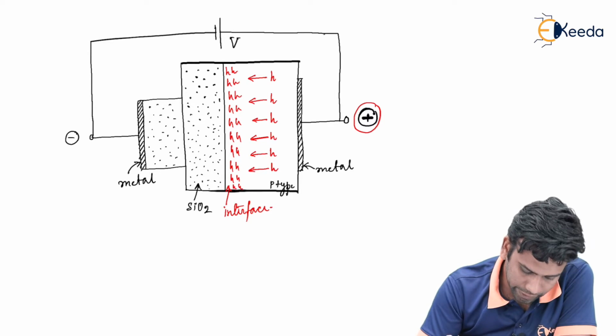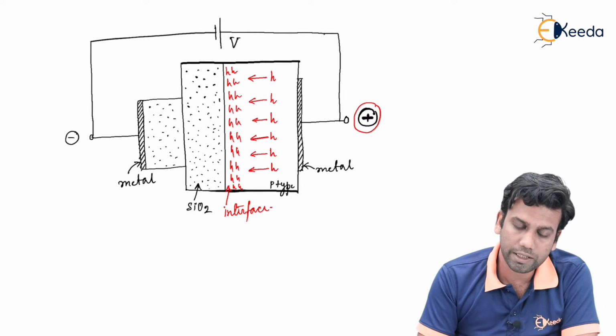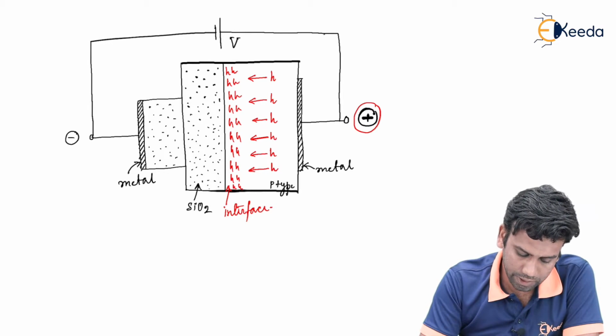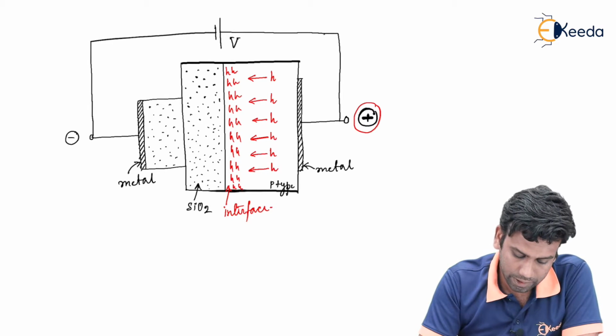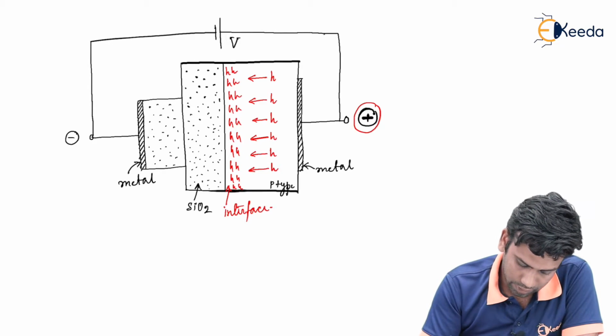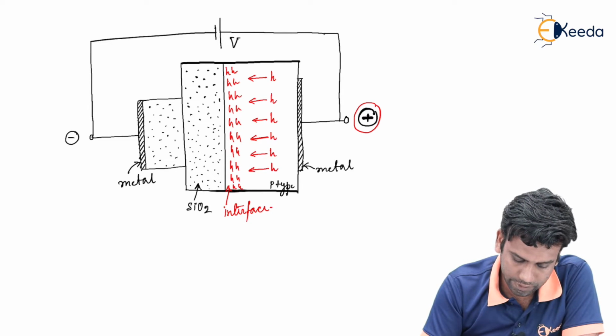in this fashion. So we can say the concentration of the holes at the interface region will be very high compared to the concentration of holes in the region away from the interface.